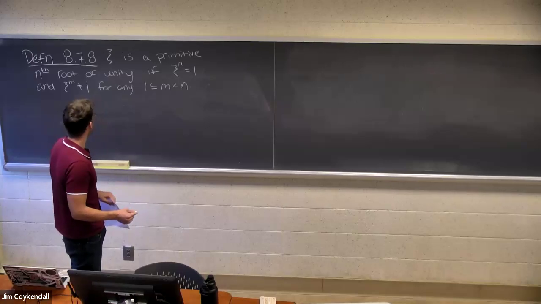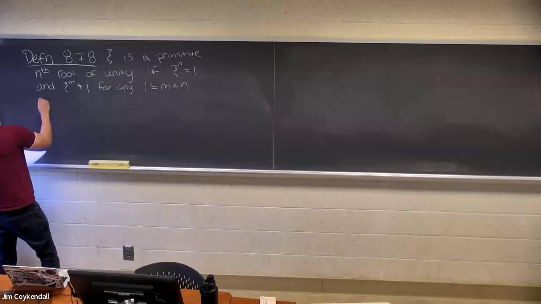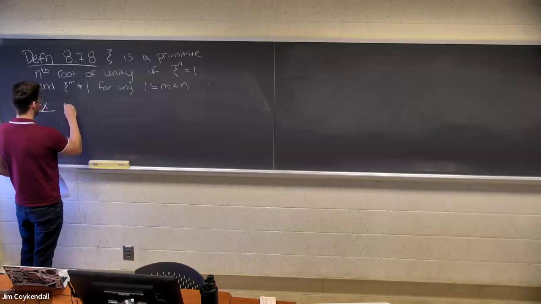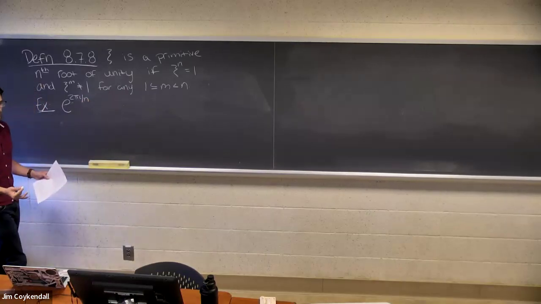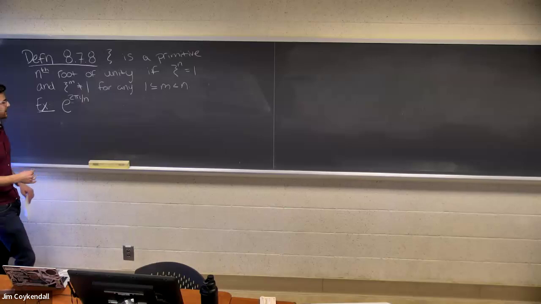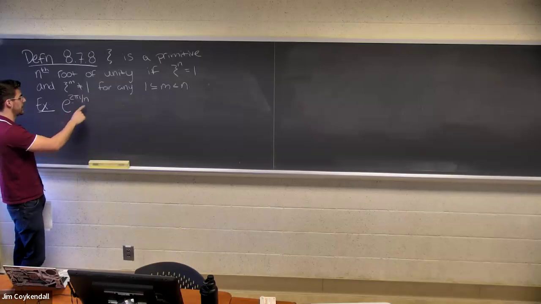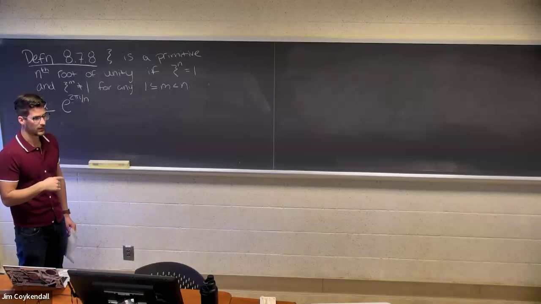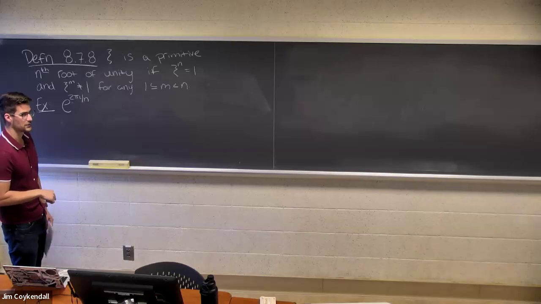So, for example, you're probably familiar with a lot of examples at this point, but this is always going to be a primitive nth root of unity for obvious reasons, right? And if we raise this element to a power relatively prime to n, we're going to find the other primitive nth roots of unity over the rationals.